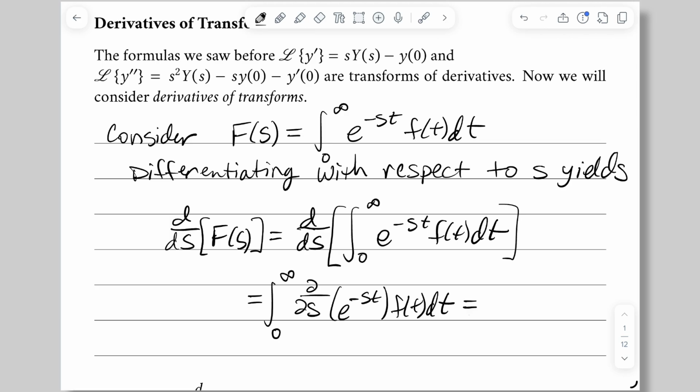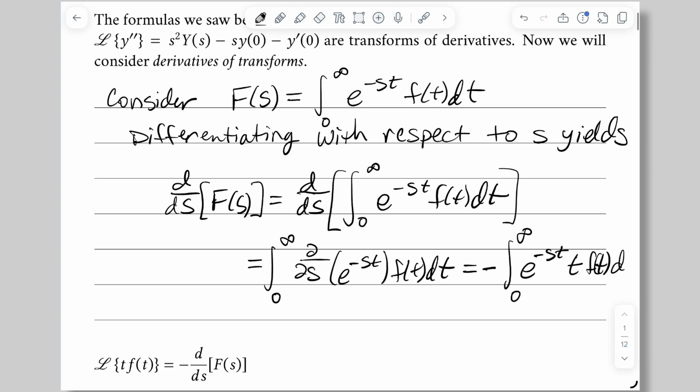The partial of e to the negative st with respect to s is negative t e to the negative st. So I'll write the negative outside. The integral from 0 to infinity e to the negative st times t f of t dt. This is the Laplace transform of t times f of t.